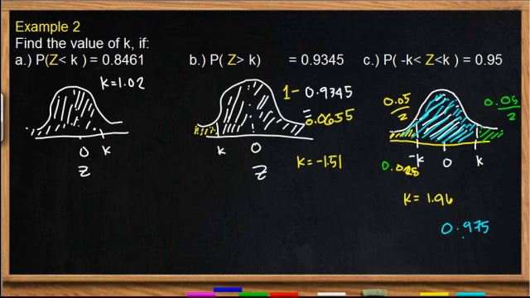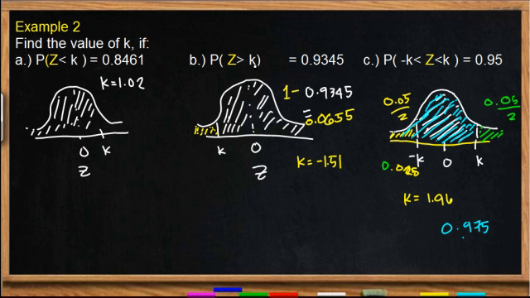Kung dire standard form, simple lang pangitaon, for example 0.8461 ang corresponding z niya, in that case 1.02. But what if kung ang given is greater than k?